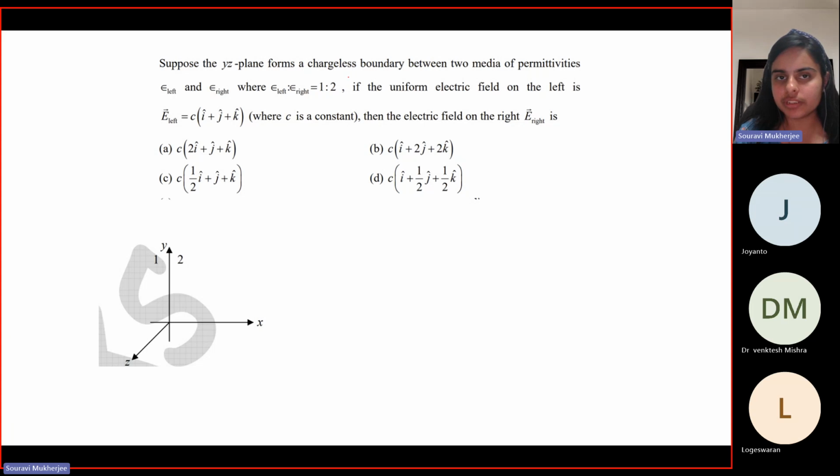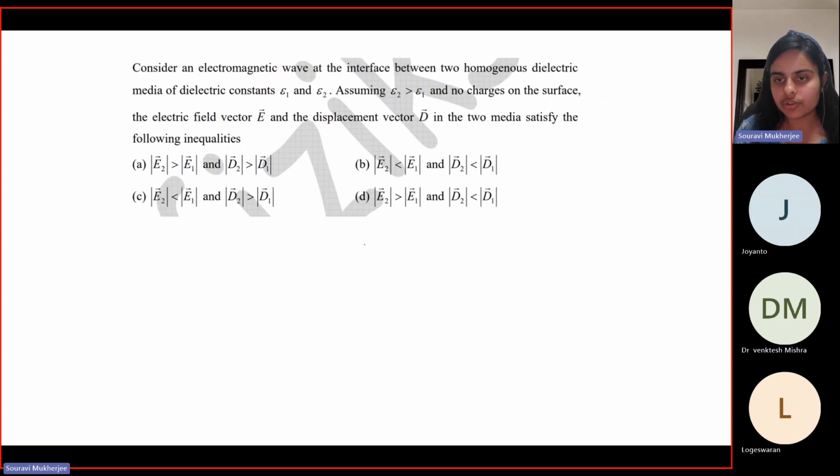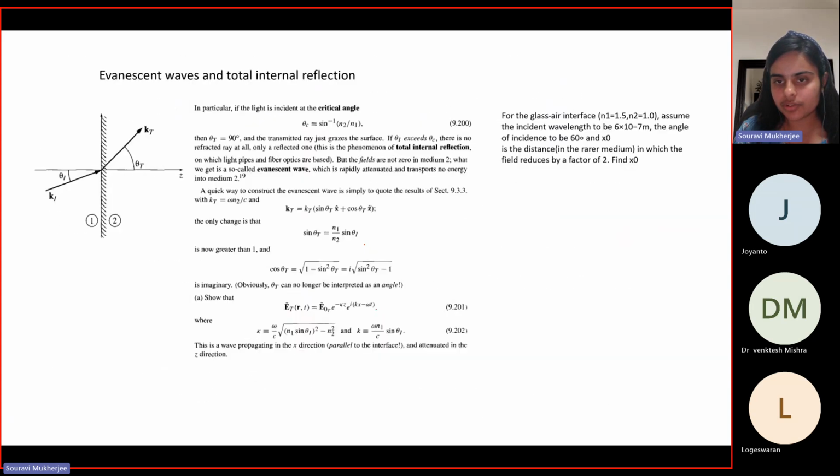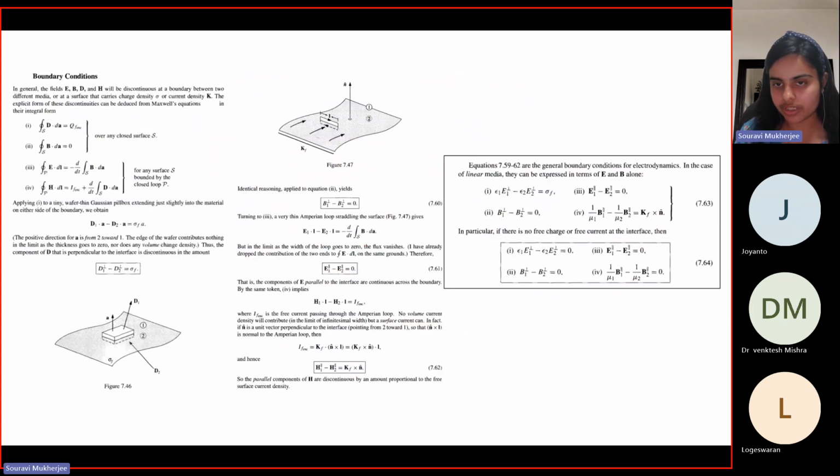So it's important to note, whenever you have a boundary, try to see what is there at the boundary. So it's a chargeless boundary. That means sigma is 0. So again, you would have to use the boundary condition which says that epsilon 1 E1 should be equal to epsilon 2 E2, right? So that is this relation.